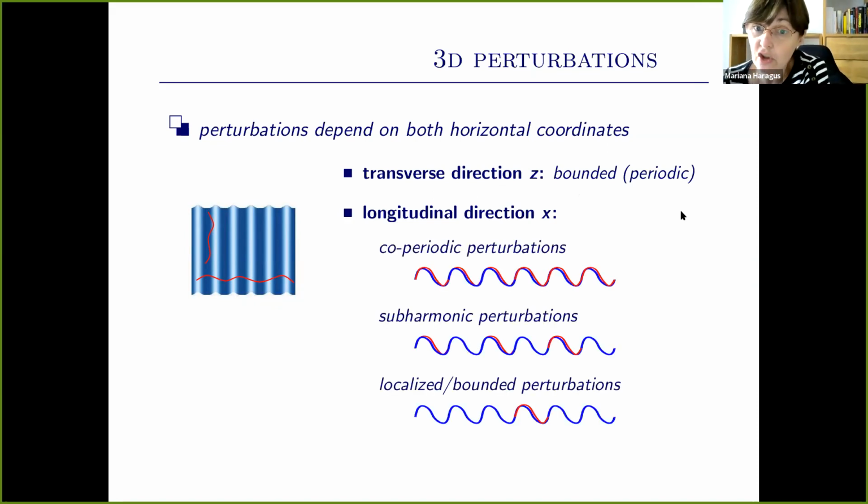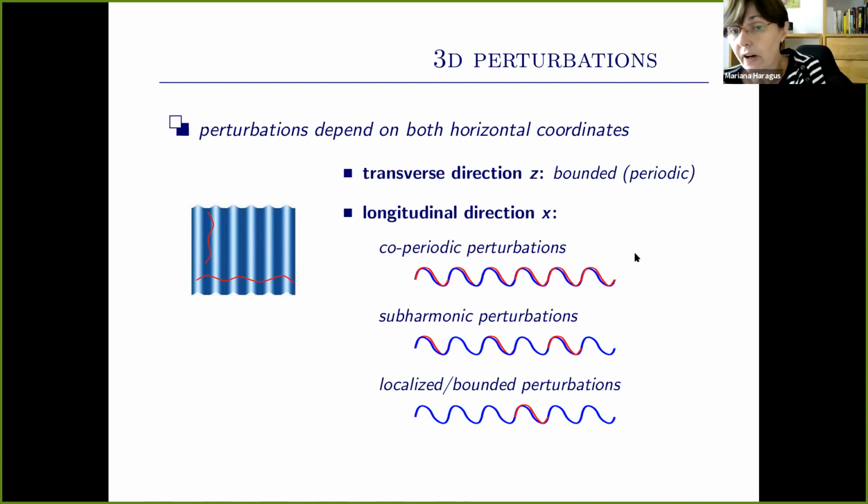And in the longitudinal direction, I will restrict to a particular class of perturbations, which are coperiodic perturbations. More precisely, these are perturbations of this periodic wave, here is a 1D sketch, which are periodic with the same period as that of the wave. One can consider more general classes of perturbations, such as subharmonic perturbations, localized or bounded perturbations.